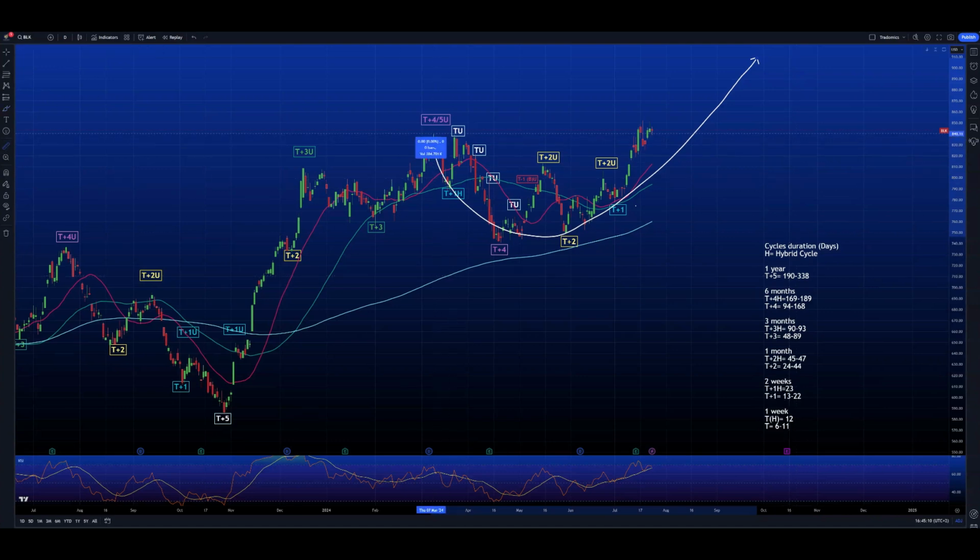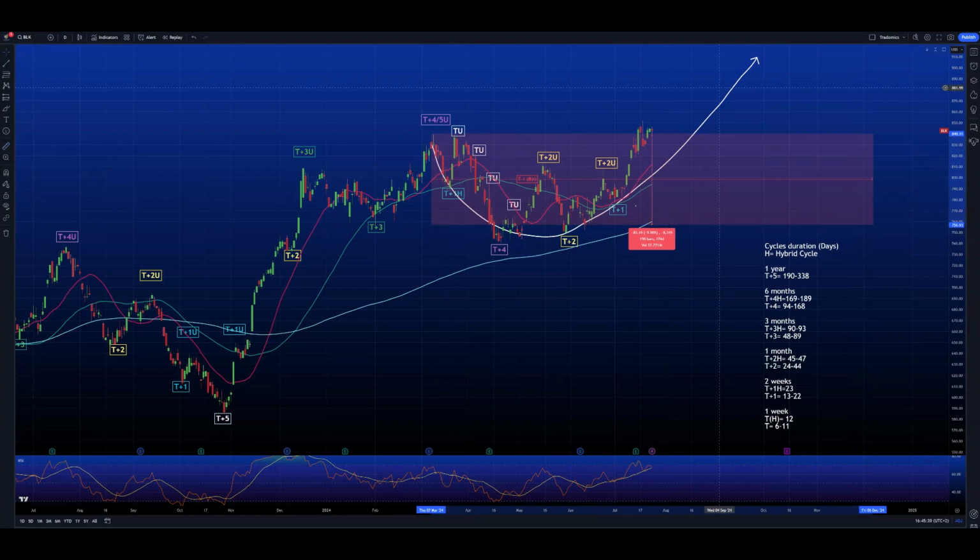So here, if we gauge the total duration, the minimum duration of a t+5, then the rally on BlackRock can continue until at least the 6th of December 2024. Because here we have the situation of a potential t+5 that has broken up to the upside. So at least we can expect that the rally can continue until the 6th of December 2024.